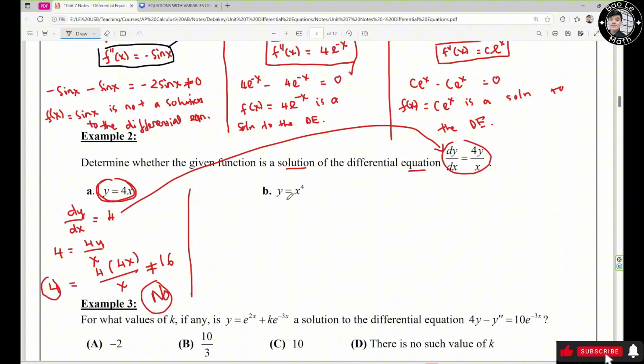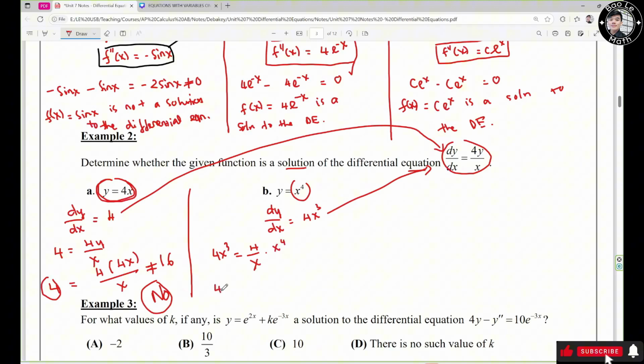Now question B, you're going to take the derivative of both sides with respect to s, so I have dy over ds equals 4s cubed. Now I need to substitute this over here, so I have 4s cubed equals 4 over s times y, but y equals this one, so times s to the 4.